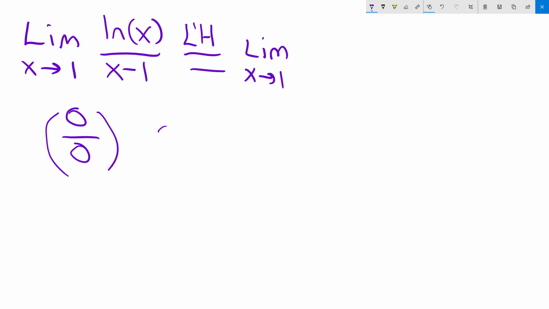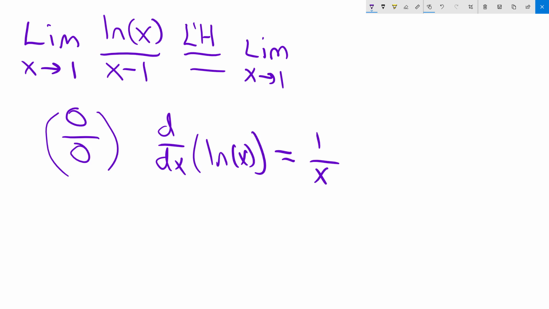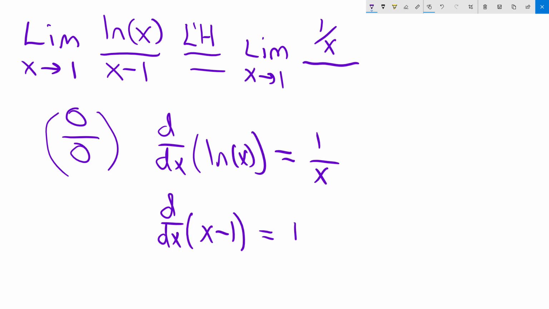So remember, the derivative of natural log is the rational function 1 over x. So that is what the numerator turns into. And same thing, we take a derivative of the bottom portion. So the derivative with respect to x of x minus 1 is just 1.